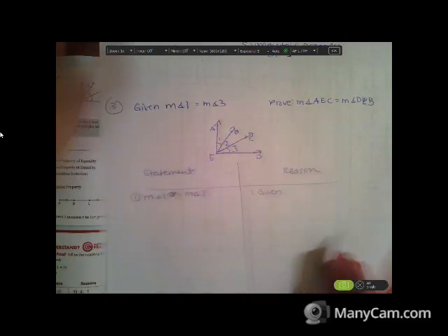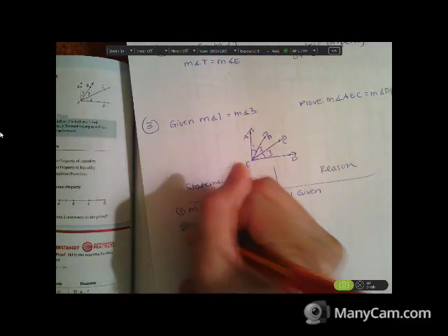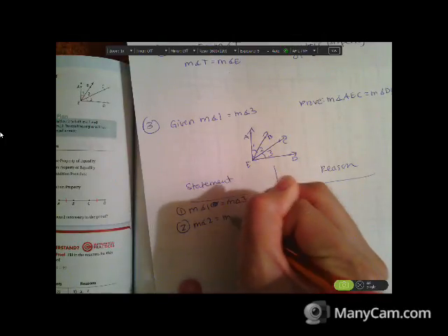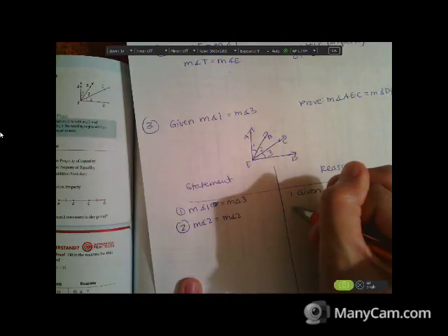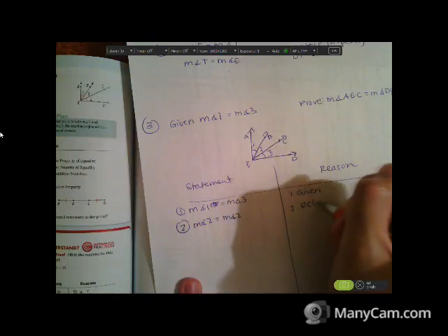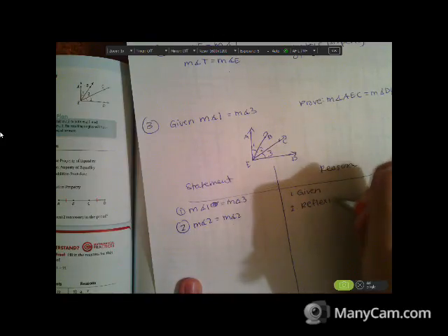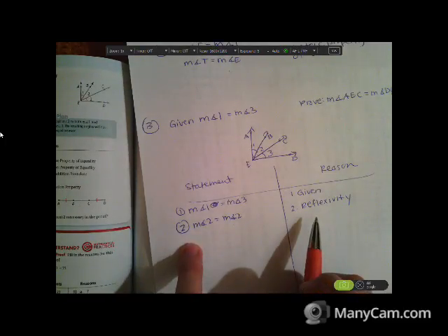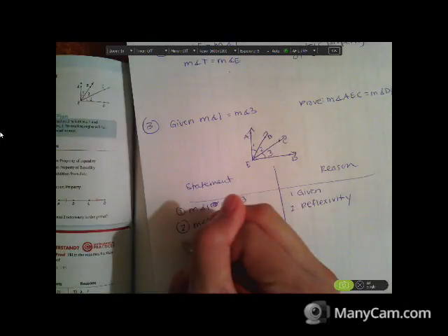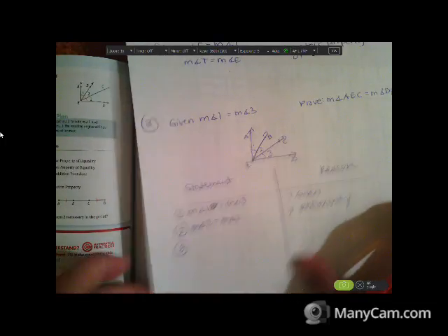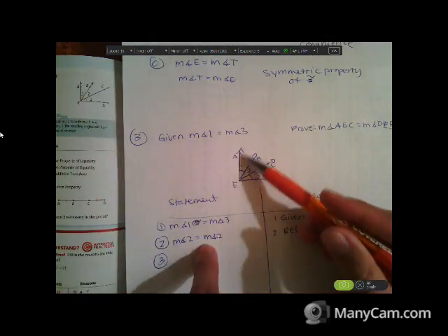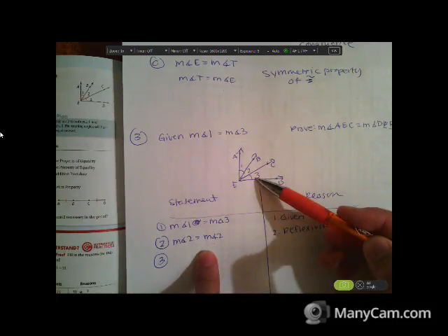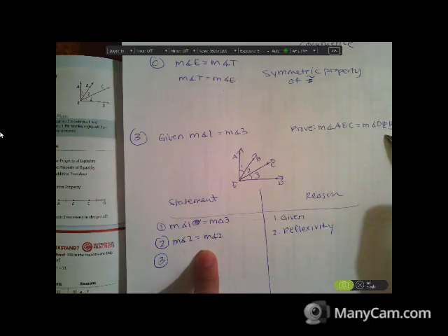The second step. The measure of angle 2 is equal to the measure of angle 2. And that's because of the reflexive property. You can just say reflexivity. Okay. The third step. Now what's the next step? How do we get from these two, and the measure of angle 2, to our end goal right here?